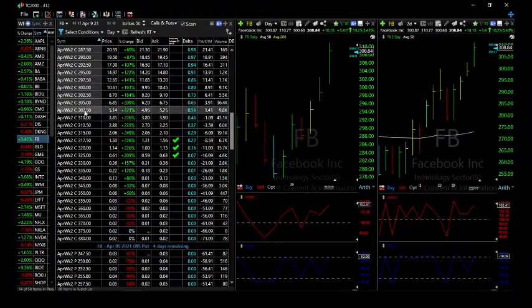These are the prices where people are betting Facebook is going to go. And it closed at 308. So look at the 315. 19,000 contracts traded at 315. So if you were to buy this contract, betting that Facebook is going to go to 315 by the end of the week, by Friday, it would cost you around $200, $206.